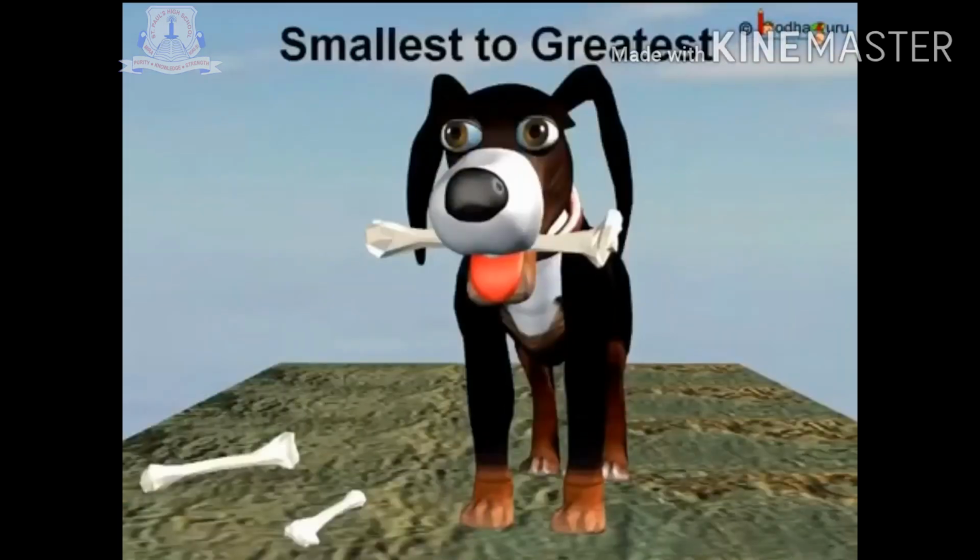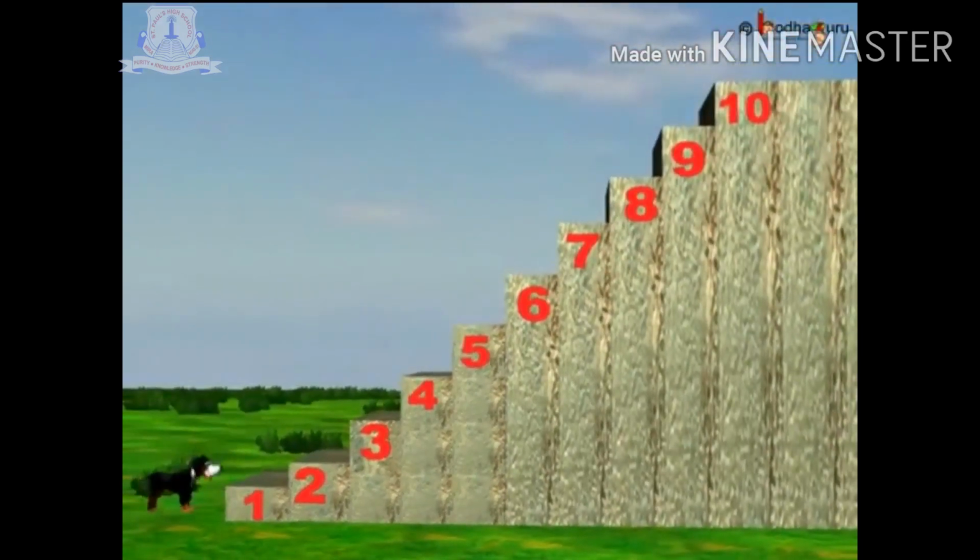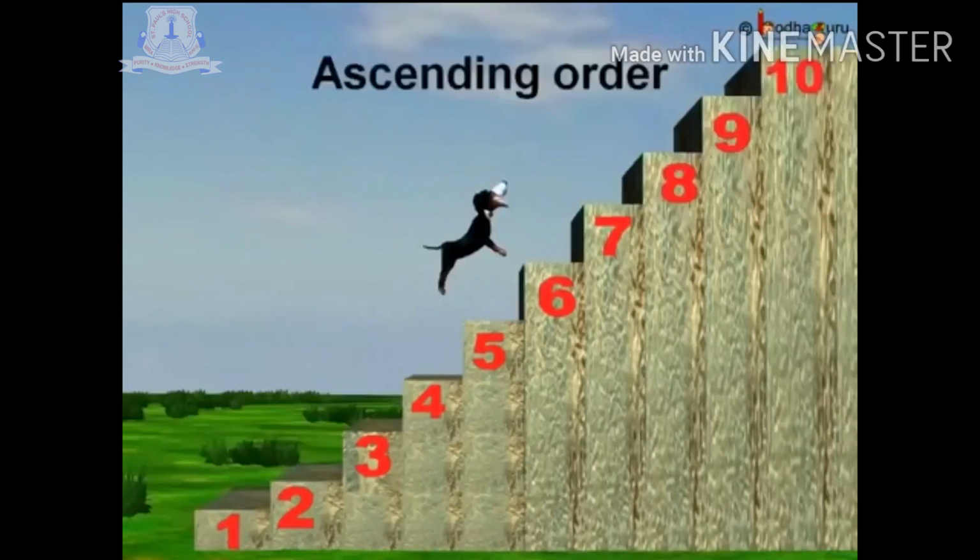Finally he climbed the greatest number staircase, that is 10, and reached the bones. So we see Tommy went up from the smallest number to the greatest number. This order of numbering, when we go up from the smallest number to the greatest number, is called ascending order.